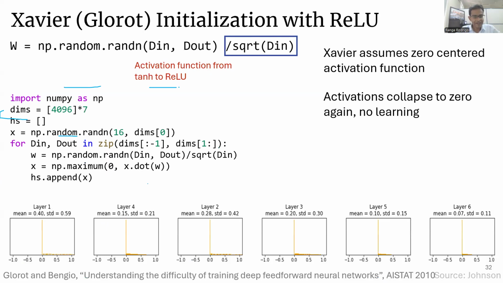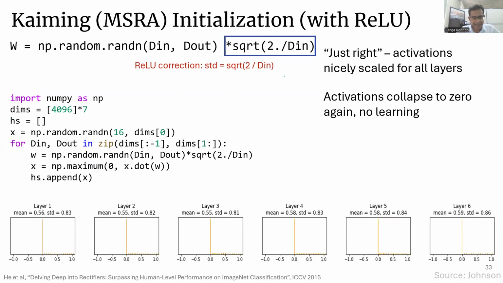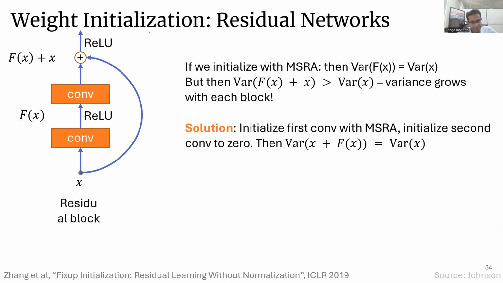For ReLU activation, it has been shown that you have to multiply by the square root of 2 divided by d_in. When you do that, the problem is solved. This is called Kaiming initialization after Kaiming He, who wrote the ResNet paper, and it's also called MSRA initialization because he was working at Microsoft Research at that time.